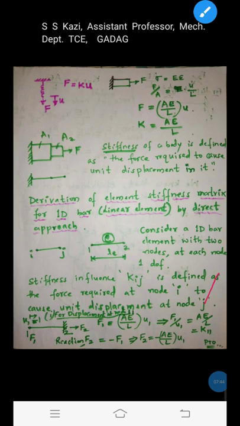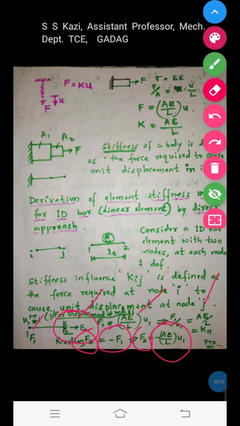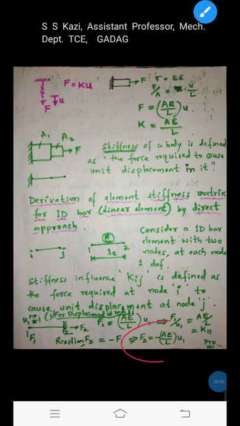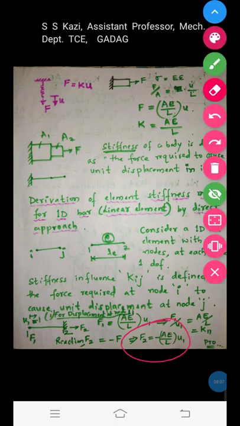Now at node 2, the reaction force F2 is of the same magnitude as F1 but in the opposite direction. Then F2 can be written as minus F1, and this F2 is equal to minus AE by L into U1, because F1 is AE by L U1.